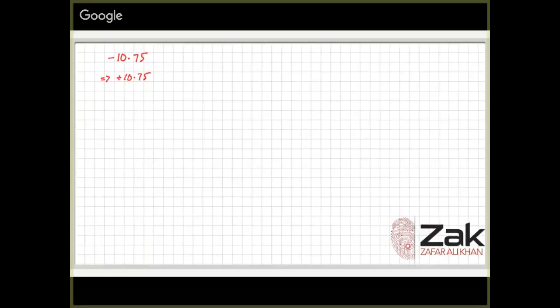So how do we do that? Let's make 10 first. 1, 2, 4, 8. That is, 10.75 is 1010.11. Afterwards we move the point all the way towards the left, and that would be 0.101011 times 2 to the power 4.